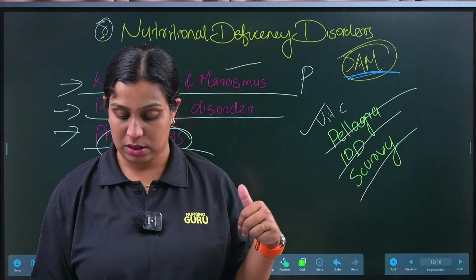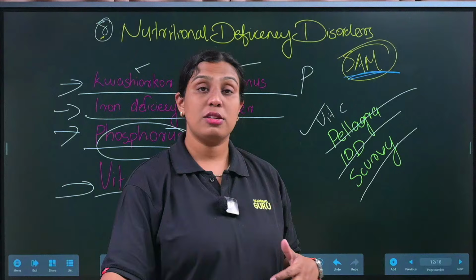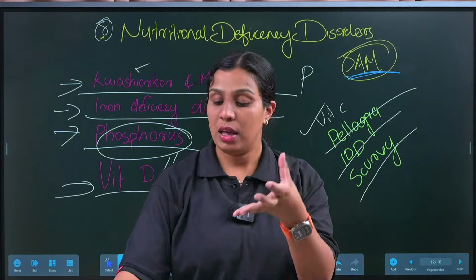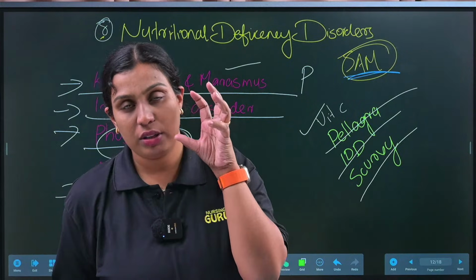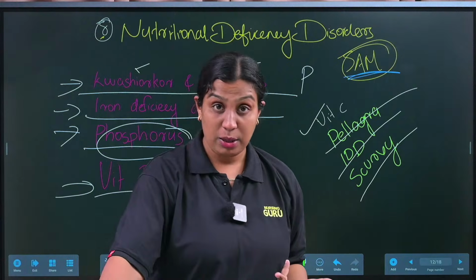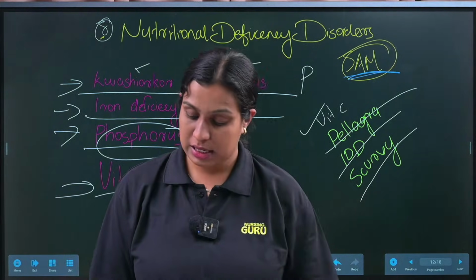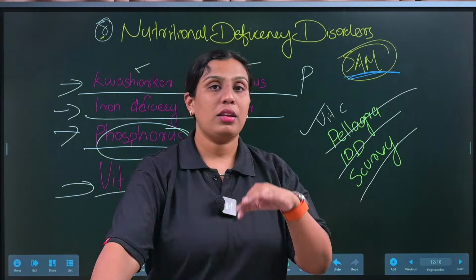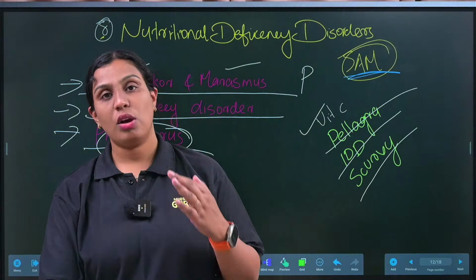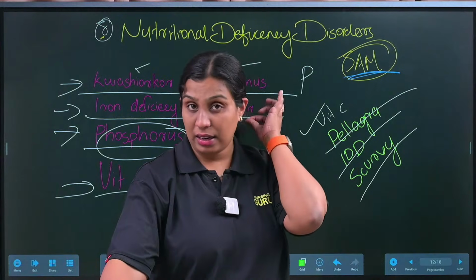Then we move to the deficiency of vitamin C. What are the disorders that occur due to the deficiency of vitamin C? Can you list them down? Anemia. Yes, next, bleeding gums. Then decreased ability to fight against infection, decreased wound healing rate, and dry and splitting hair.